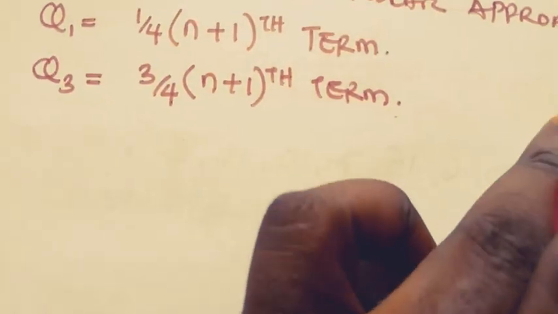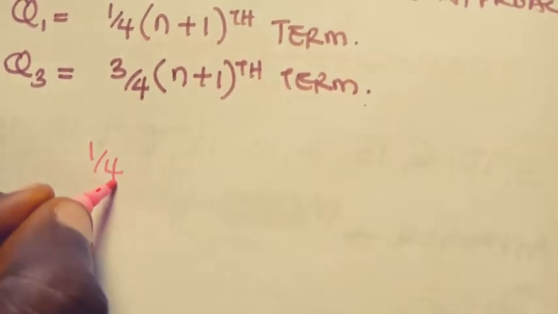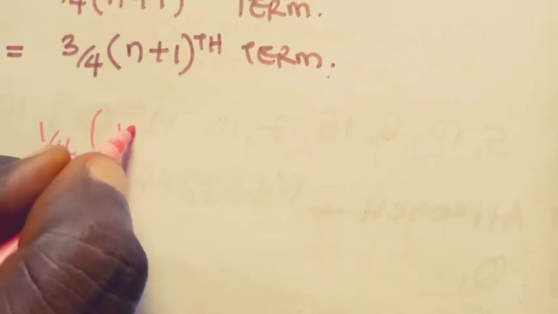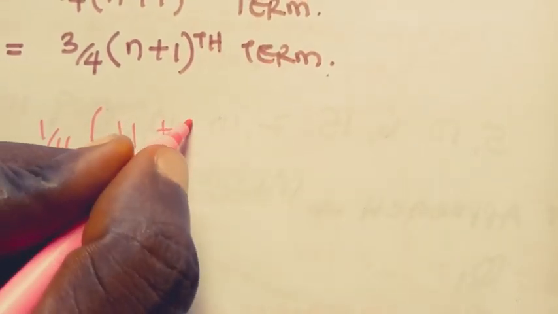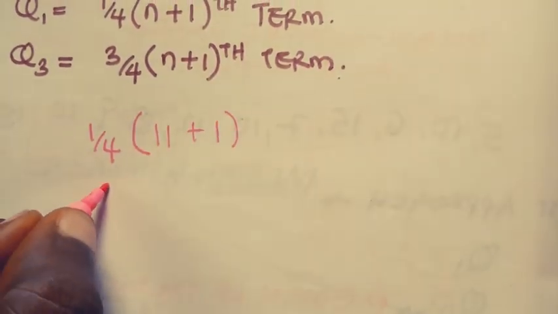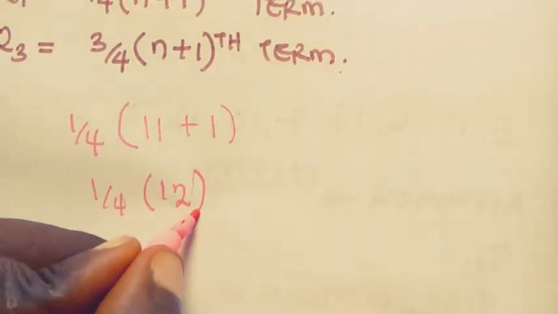For the first quartile, we have 1 over 4 into, remember our n is 11, so we have 11 plus 1, which equals 1 over 4 multiplied by 12.